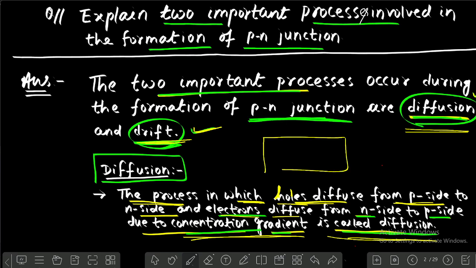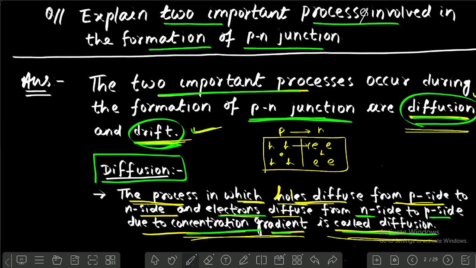In P side you have more number of holes. In N side you have more number of electrons. Hole concentration is more in P side and less in N side. So there is a concentration difference of holes, and diffusion will happen. Holes will move from P to N.